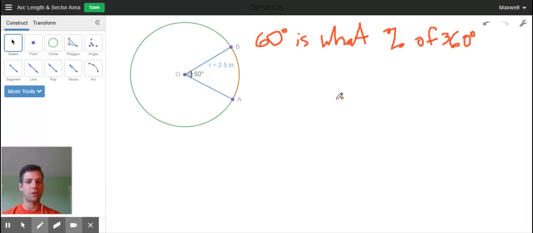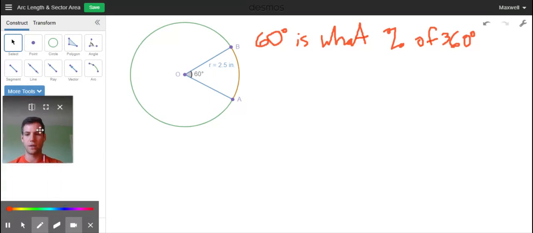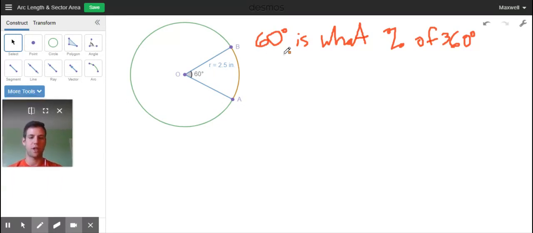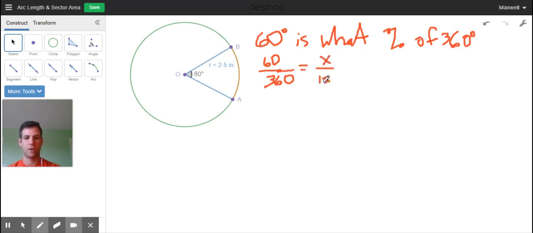Depending on your level of comfort with this sort of problem, it could be easy or hard. The main idea is that to find what percent of 360 is 60, we can make a little proportion. So I would do 60 degrees over 360 degrees equal to x percent over 100.